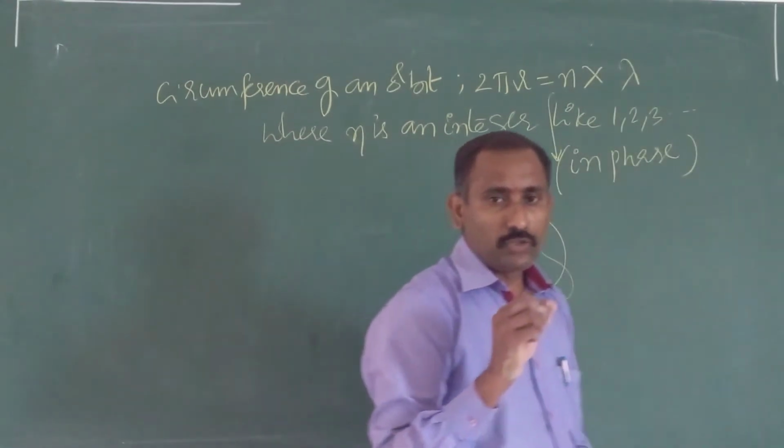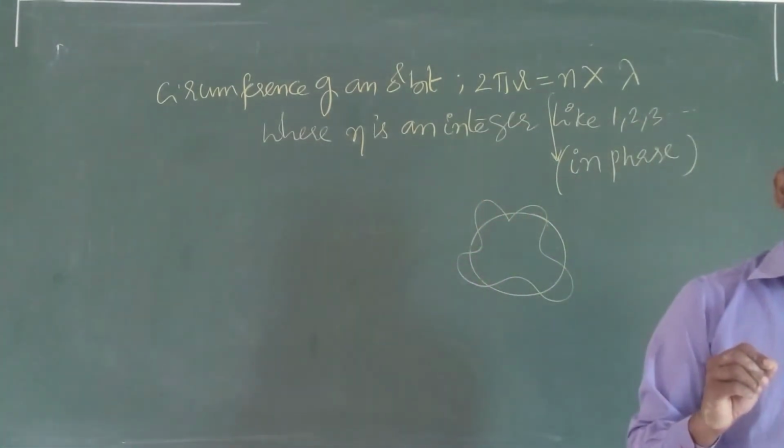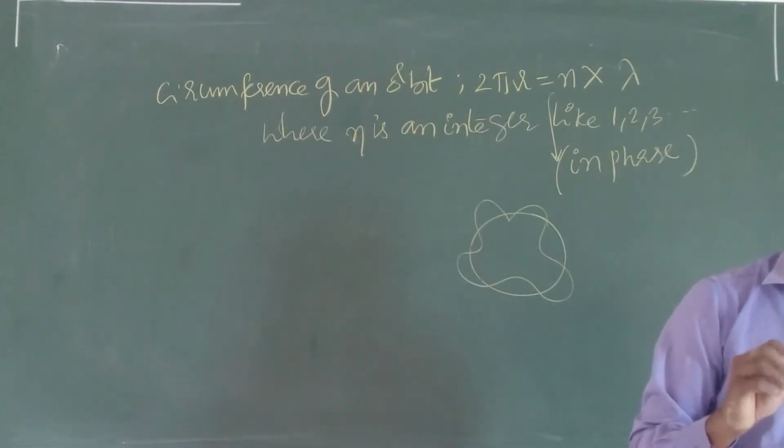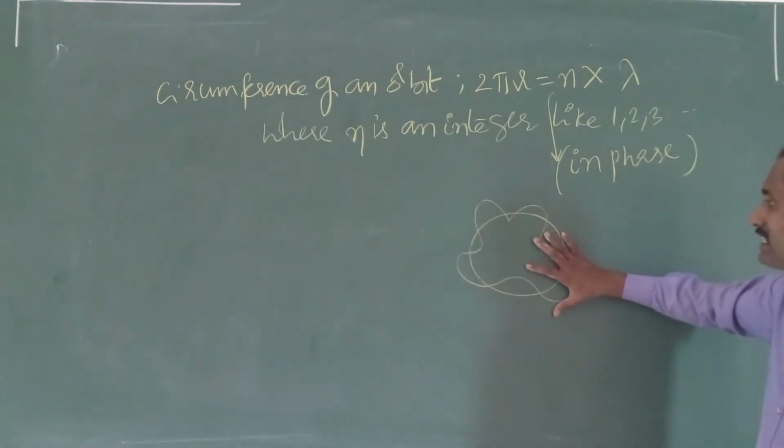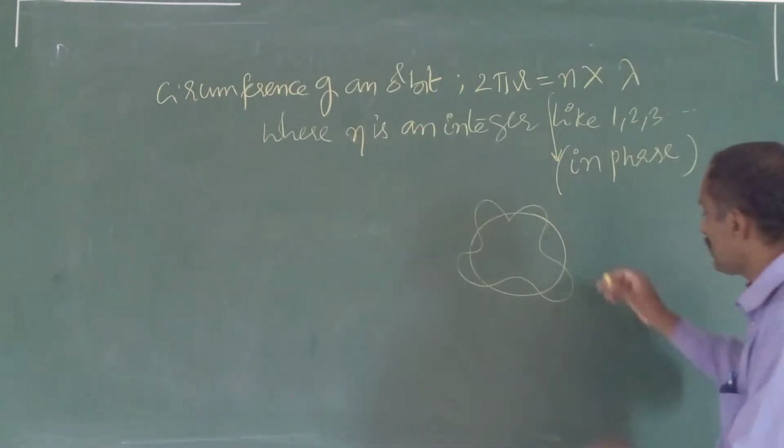According to de Broglie, when an electron revolves around the nucleus in the form of waves, that is the in phase condition. In the in phase condition, circumference equals n lambda.